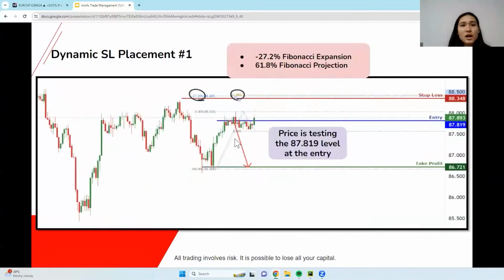We see price testing this entry level. We also have a stop loss level at this swing high here, but we're placing it slightly beyond it, in line with the minus 27.2% Fibonacci expansion, as well as another 61.8% Fibonacci projection.